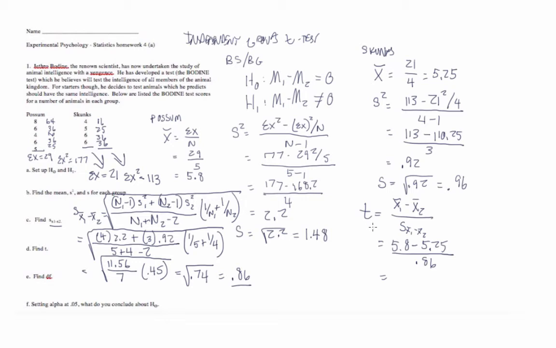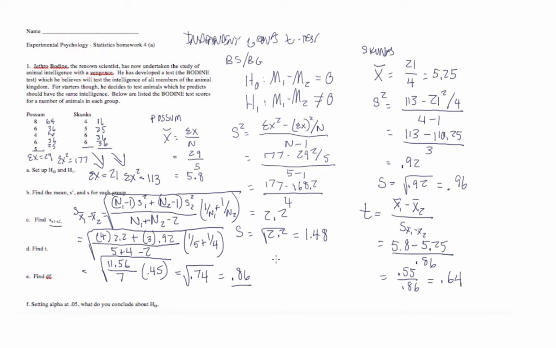And that's going to be equal to, well, 0.55 over 0.86, which is equal to 0.64. That's a pretty low t, I can tell you that right now.